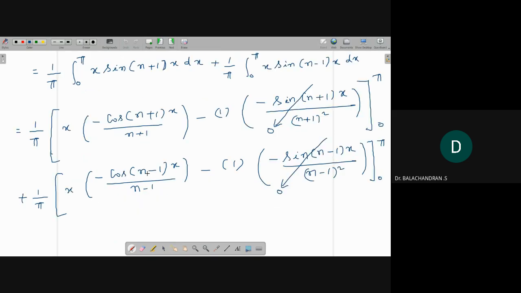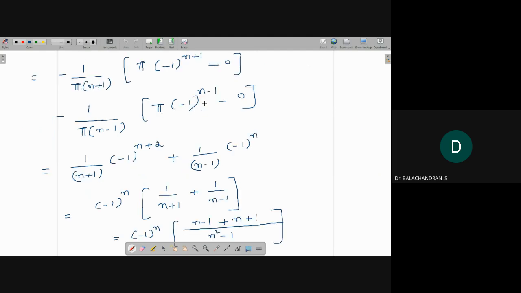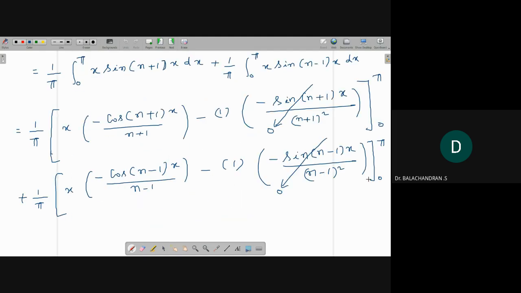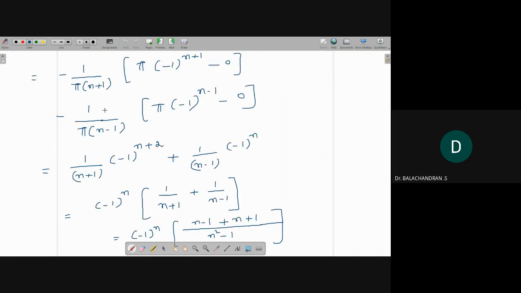Cos of (n minus 1) pi is what? Minus 1 whole power n minus 1. Minus the lower limit when x is equal to 0, which is 0. Now from these two, I am going to multiply. If I multiply, pi gets cancelled: 1 by (n plus 1) into minus 1 whole power n plus 2, because here we have the minus sign, n plus 1, so n plus 2.